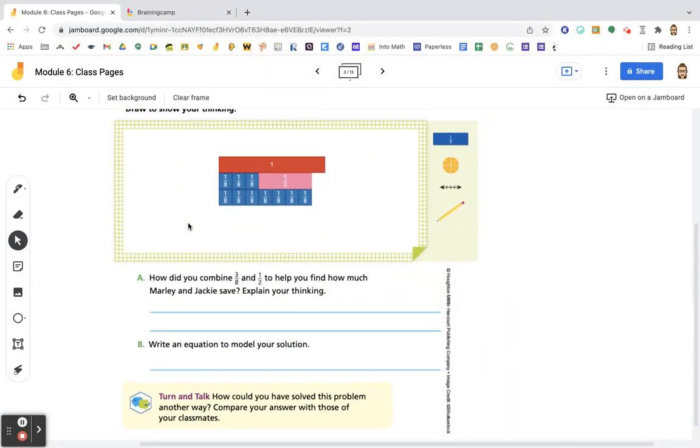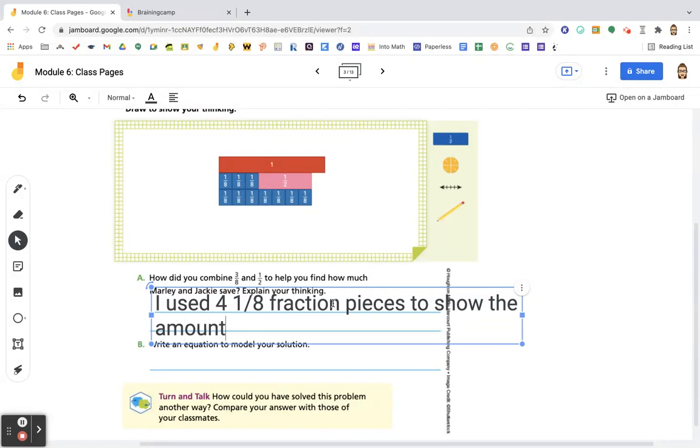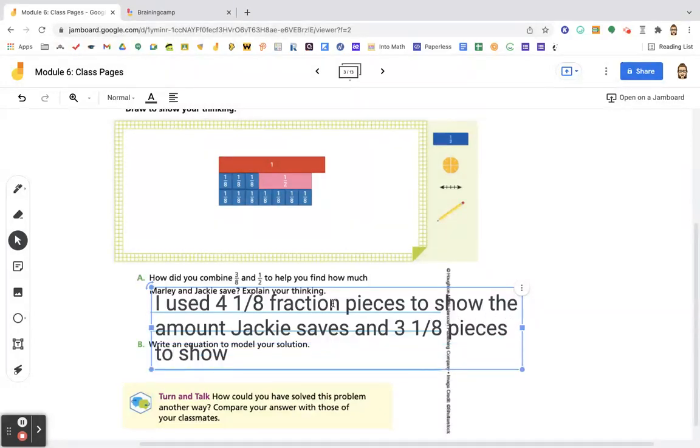Well, I used 4 1/8 fraction pieces to show the amount Jackie saves, and 3 1/8 pieces to show how much Marley saves.